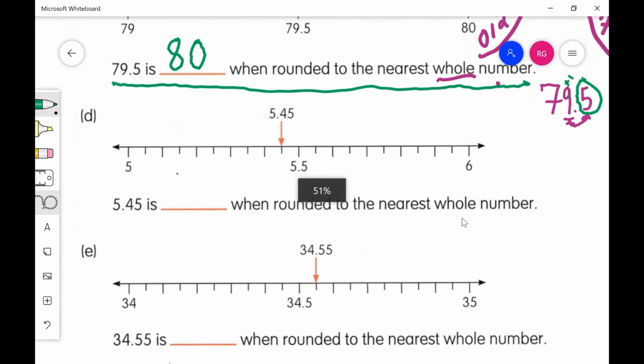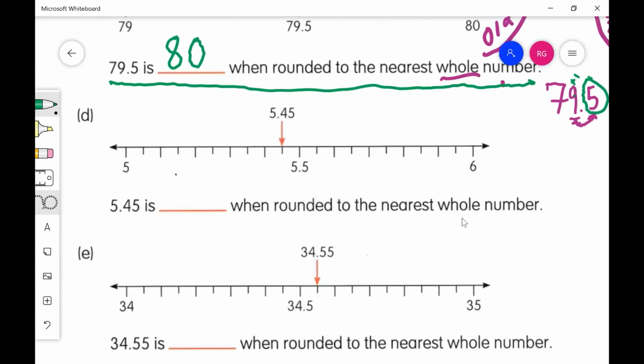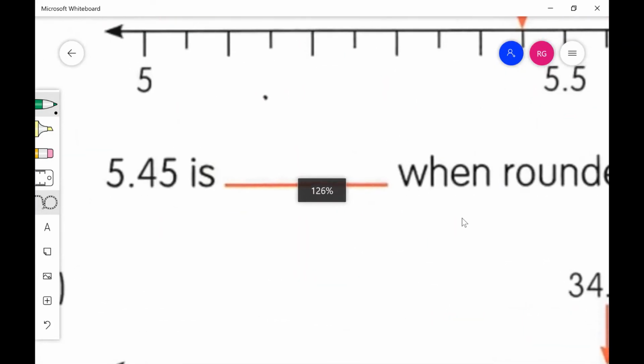All right, and D, we can say 5.45 is blank when rounded to the nearest whole number. So here we go again. I'm not going to do my roller coaster. I could refer to it perhaps, but what's my whole number in this case? Is it either 5 or 4? 5.